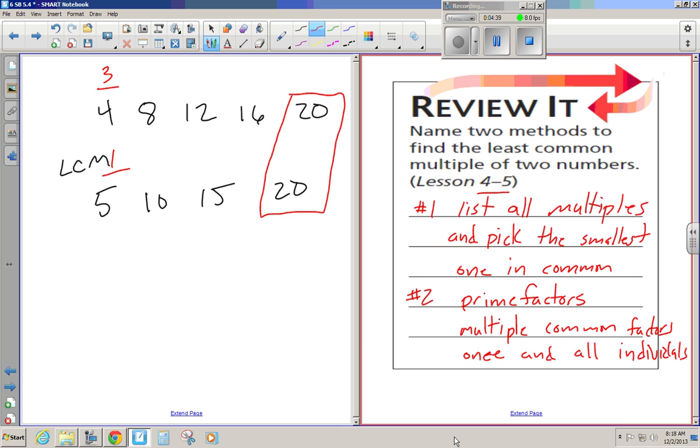Okay, so find the prime factors, multiply, and so on. And for this right here, you really should see an example.